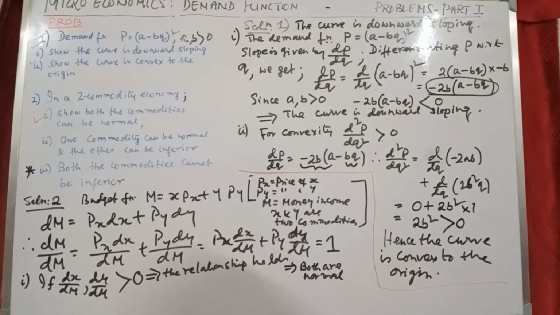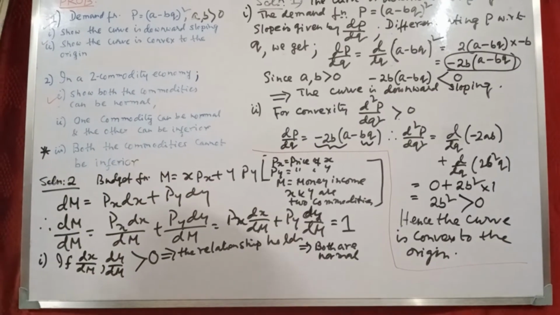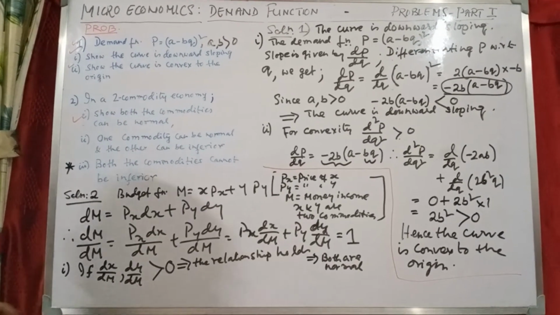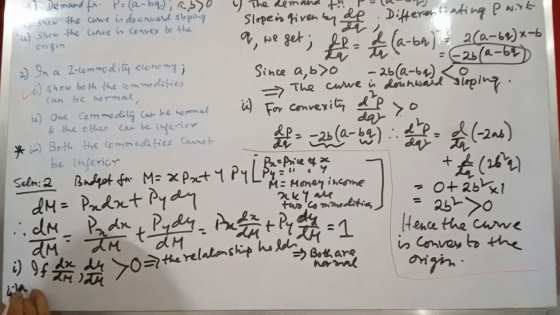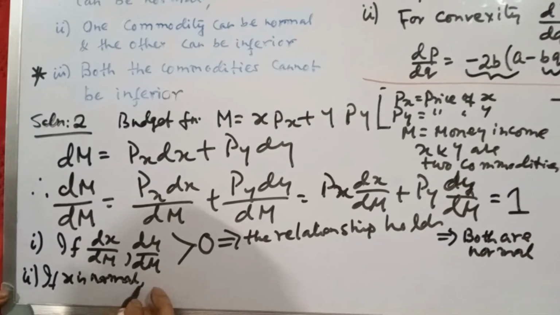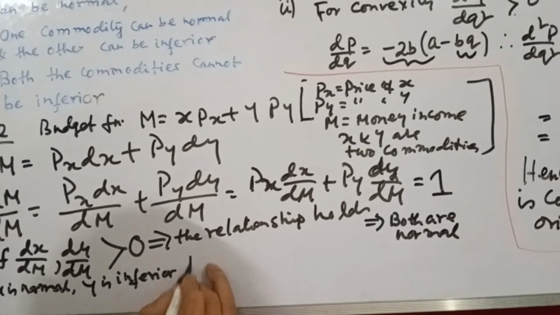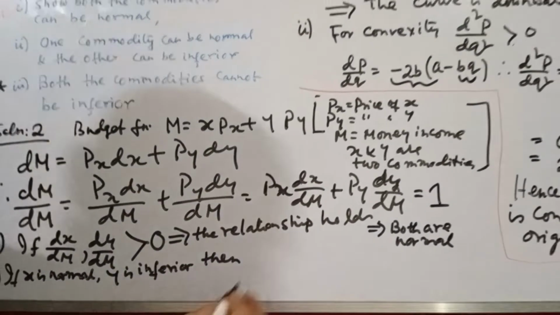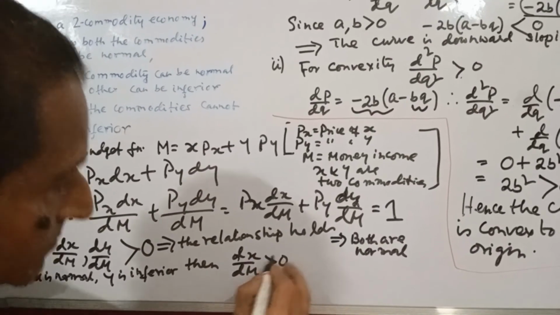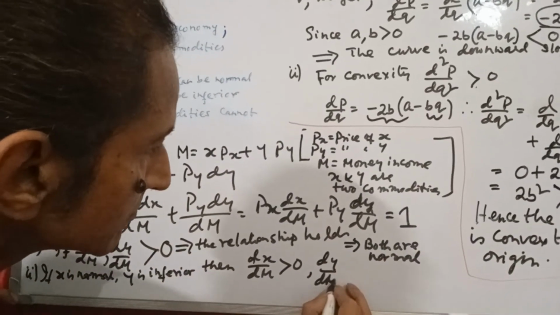What is part 2? One commodity can be normal and the other can be inferior. Suppose x is normal and y is inferior, then dx/dm is greater than 0 and dy/dm is less than 0.